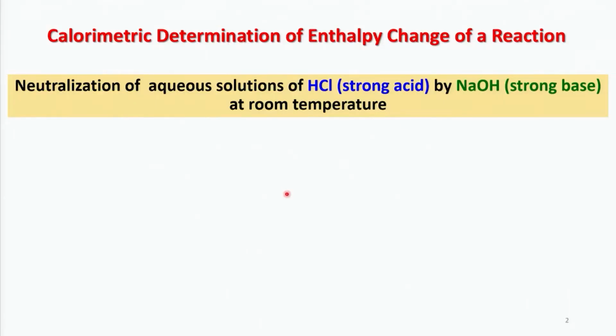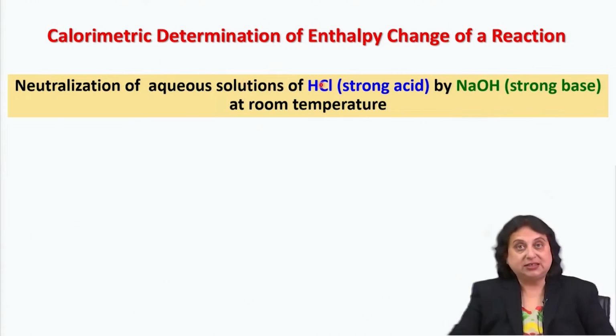Now, the reaction that I am going to focus on is the neutralization of an aqueous solution of HCl, which is a strong acid, by an aqueous solution of sodium hydroxide, which is a strong base. I am going to perform this experiment at room temperature, and there will be an enthalpy change as a result of this reaction.